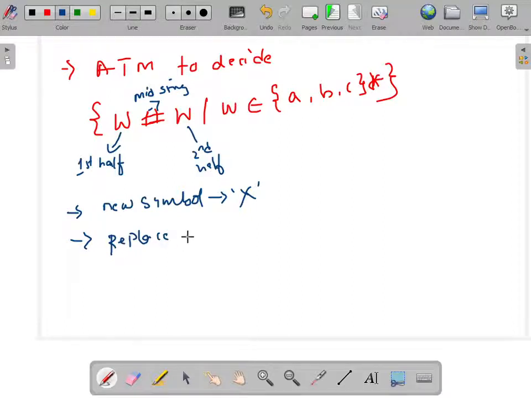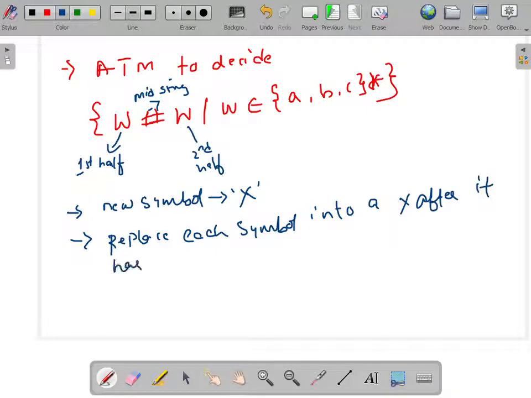Replace each symbol with an X after it has been examined.